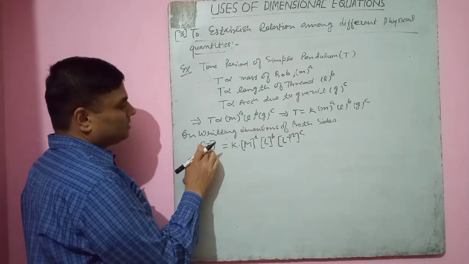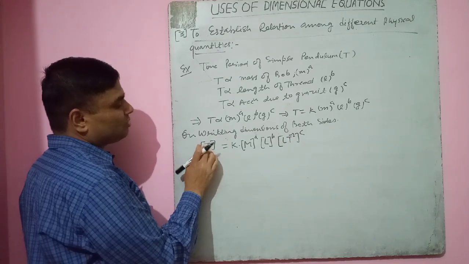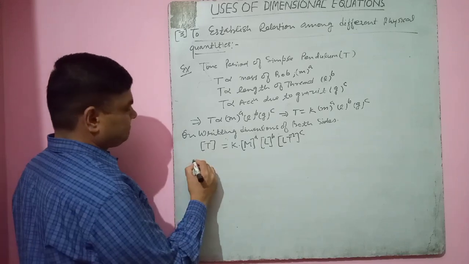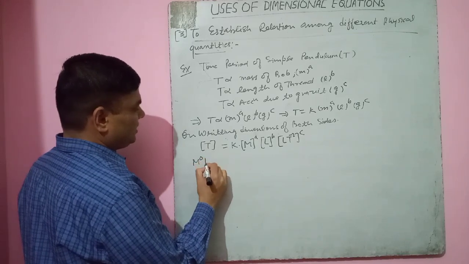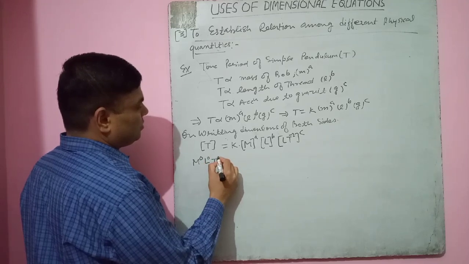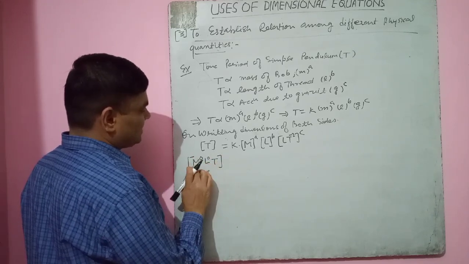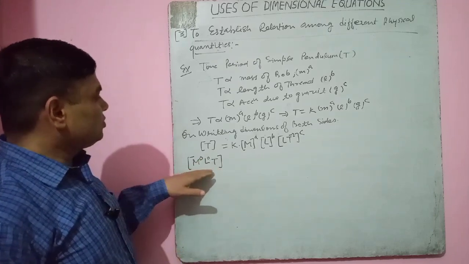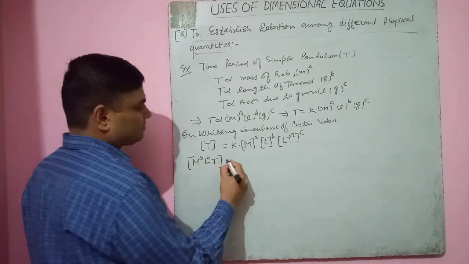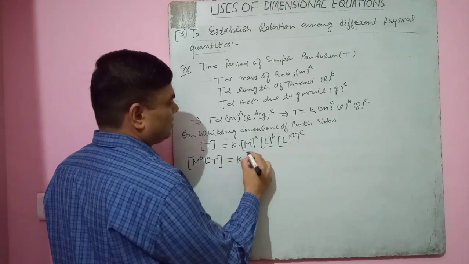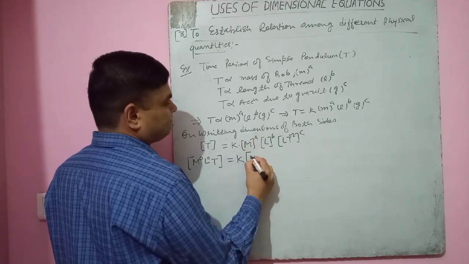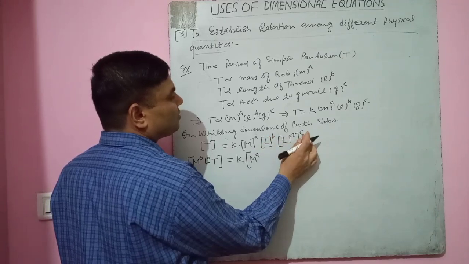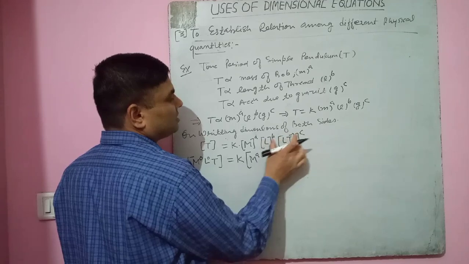If we multiply here M raised to the power 0 and L raised to the power 0, it would not affect the equation. So M^0 L^0 T^1 is equal to k times M^a, L^b, and L^c.